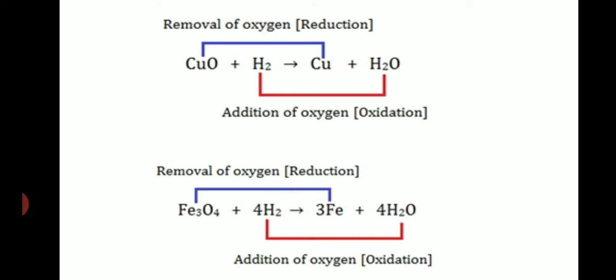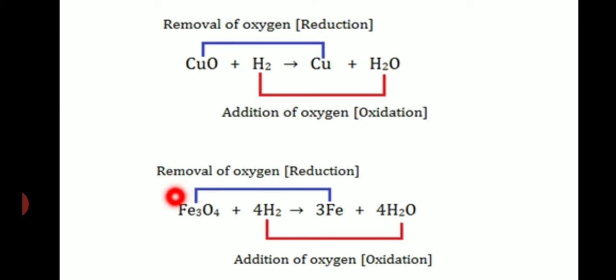So what is addition of oxygen? Oxidation. So it's a reduction, oxidation reaction, that is a redox reaction. The above example and below example are same or almost same. So we have to find out which is an oxidizing agent and which is a reducing agent, and which is reduced and which is oxidized.